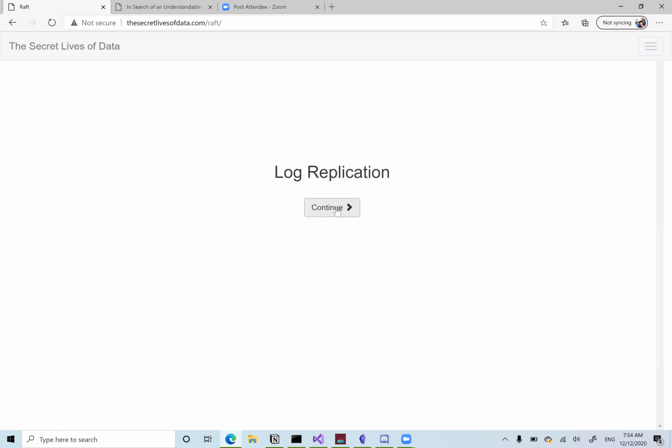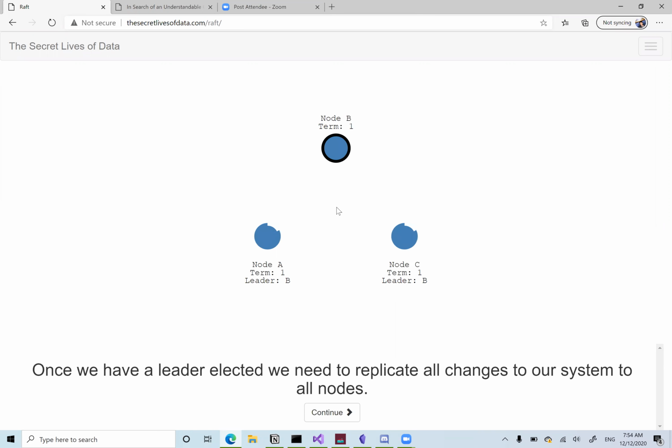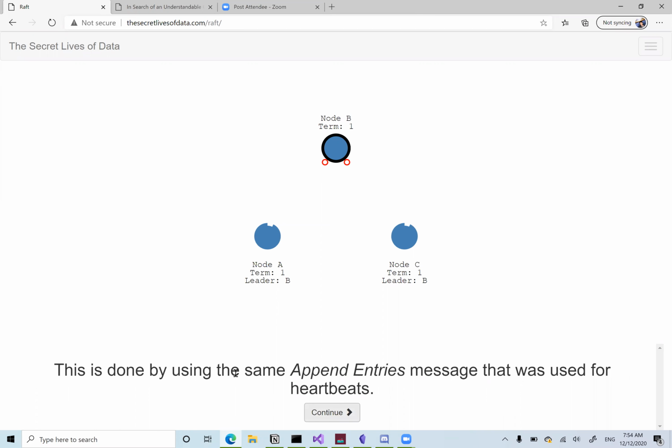Okay, so log replication. Once we have a leader, the leader will replicate all these changes to all the nodes in the system, right? This is done by using the same append entry messages that were used for heartbeat, right?